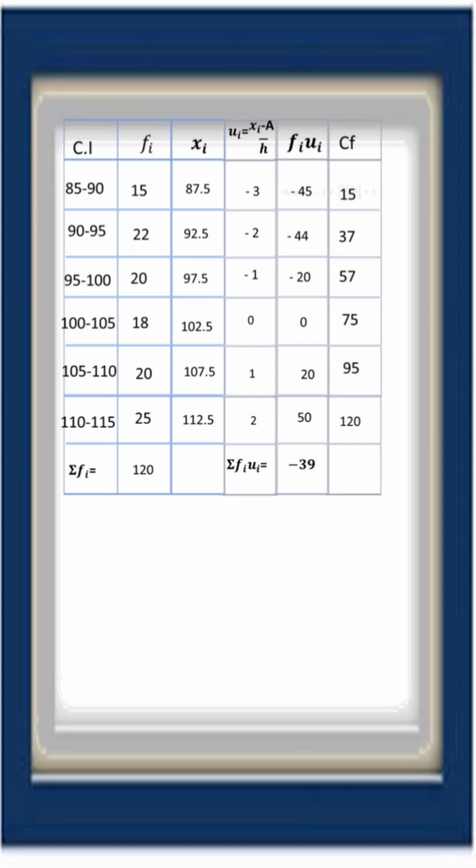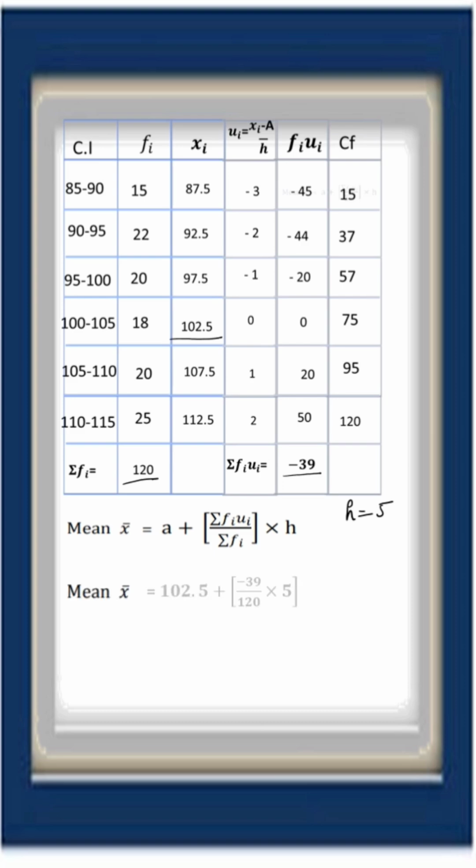Now we have summation of fi as 120, summation of fi ui as negative 39, the assumed mean as 102.5, and h as 5. Now let us calculate the mean by using the formula A plus summation of fi ui upon summation of fi into h. Let us substitute the values.